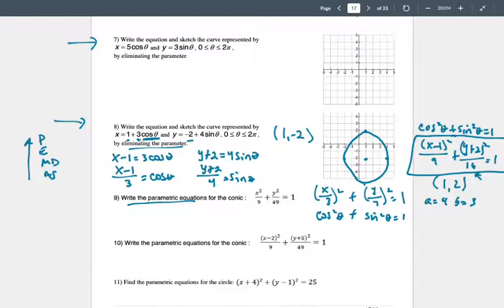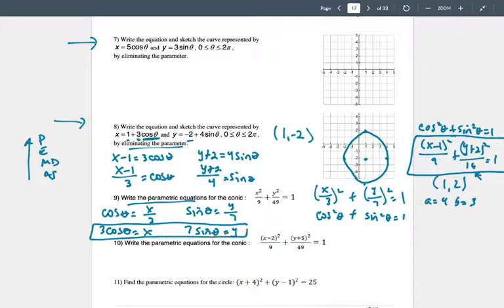Well, what that means is that cosine theta equals x over 3. So 3 cosine theta equals x. And sine theta equals y over 7. So 7 sine theta equals y. And those are our parametric equations.